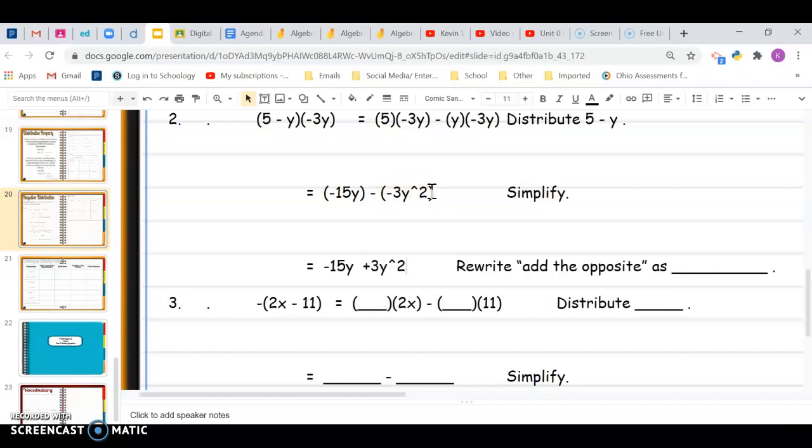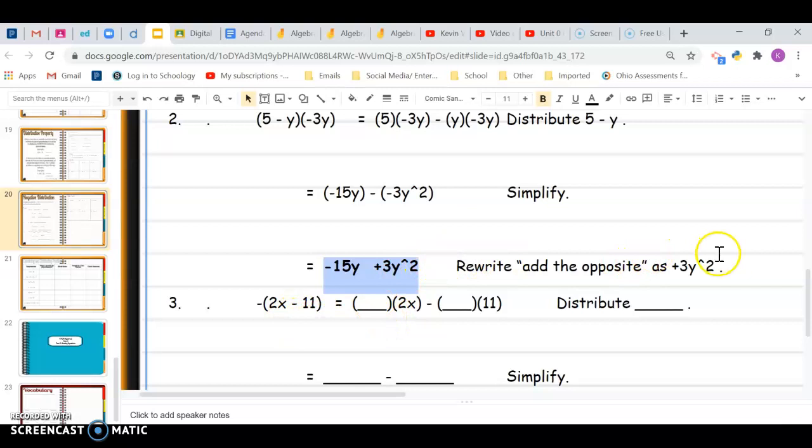Now, when I say add the opposite, that just means I have to change the sign. So we are going to rewrite this as a plus 3y squared. I'm just including the part that I am changing the sign for. Anything else that I'm not changing the sign for, I'm just going to leave that alone. So this right here is my final little answer.